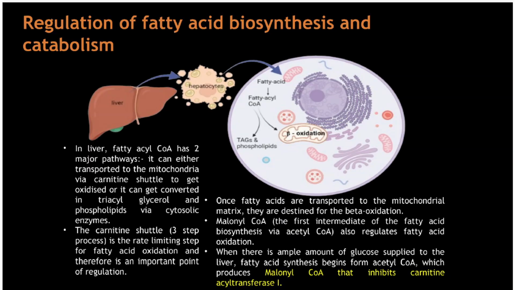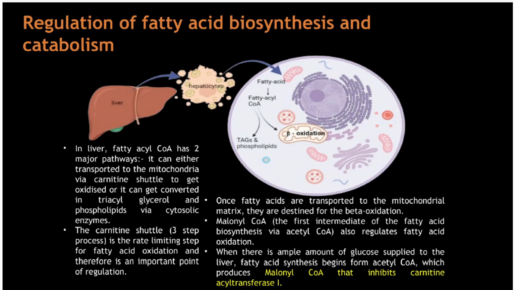We have seen how fatty acid is broken down, how it enters the mitochondria, and after entering the mitochondria how it is degraded into its simplest form, that is acetyl coenzyme A. This acetyl coenzyme A will further enter the Krebs cycle and will help in the generation of energy. The FADH2 and NADH will enter the ETS, that is the electron transport chain, to generate ATP molecules.